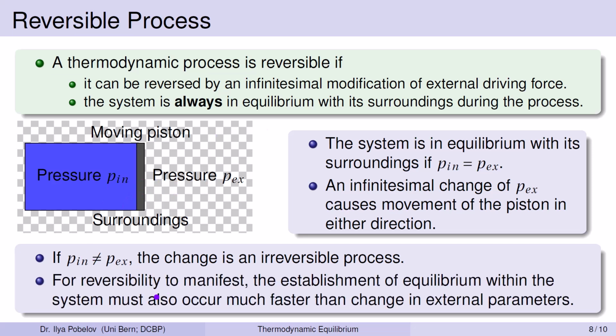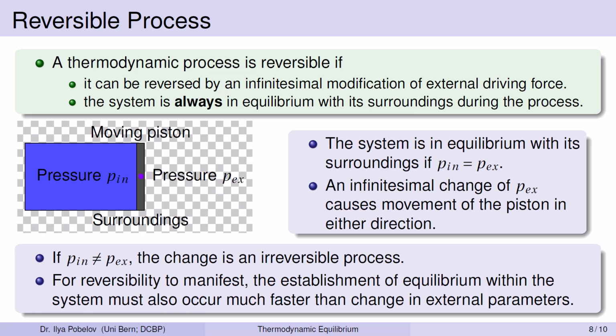In practical terms, for reversibility to manifest, the establishment of equilibrium within the system must also occur much faster than any change in external parameters. The system must rapidly adjust to new external conditions.